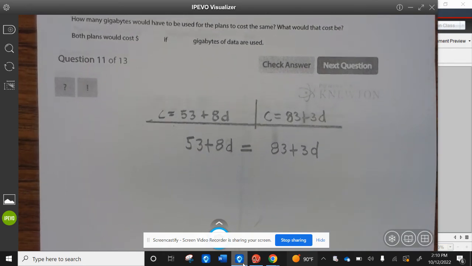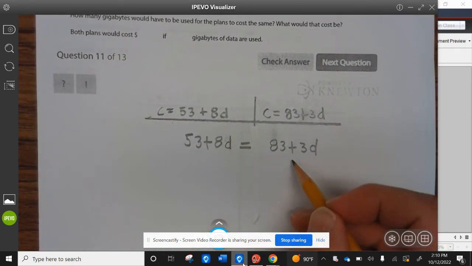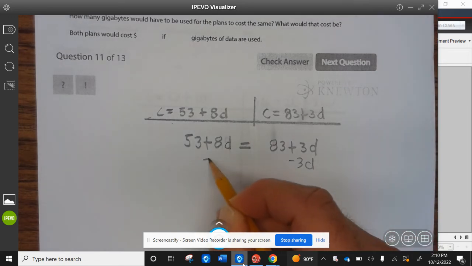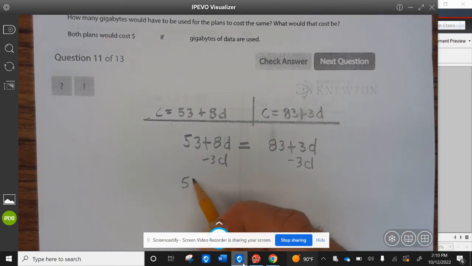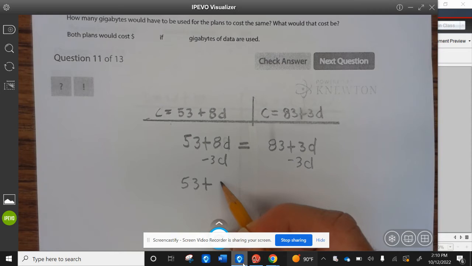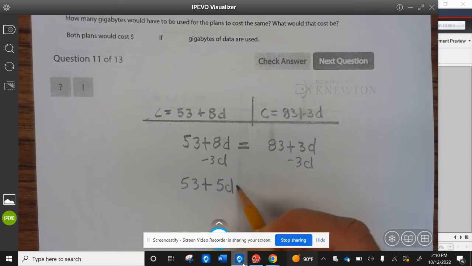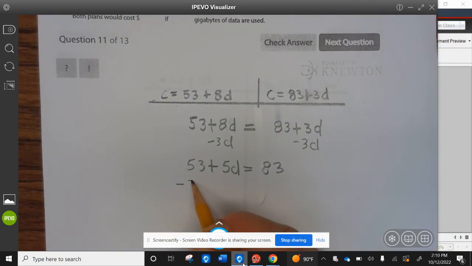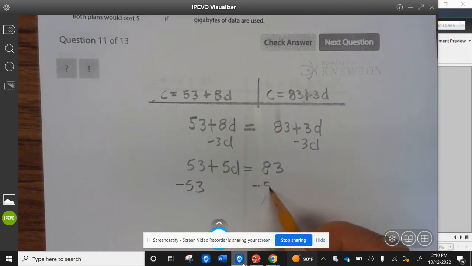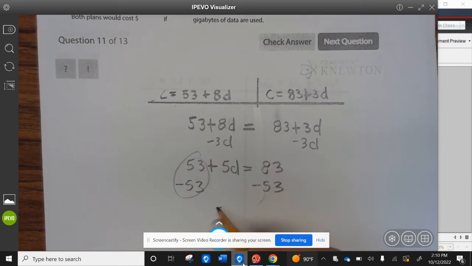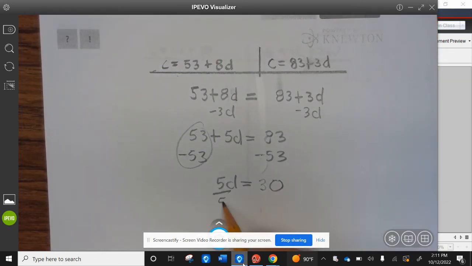Okay. So now we're going to solve for D. So we're going to subtract 3D from both sides. So you get 53 plus 8D minus 3D is 5D equals 83. We're going to subtract 53 from both sides. So you get 5D equals 30. Divide both sides by 5. D equals 6.